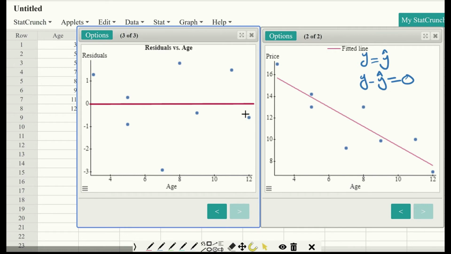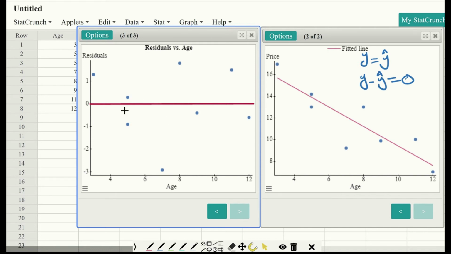That's an important indication of whether we're dealing with a good linear association or not, as far as the dependability of the model goes. And also note that we don't get any kind of a real pattern here. If we get a real pattern with respect to the residual line, then that means we are looking at a nonlinear association or no association.